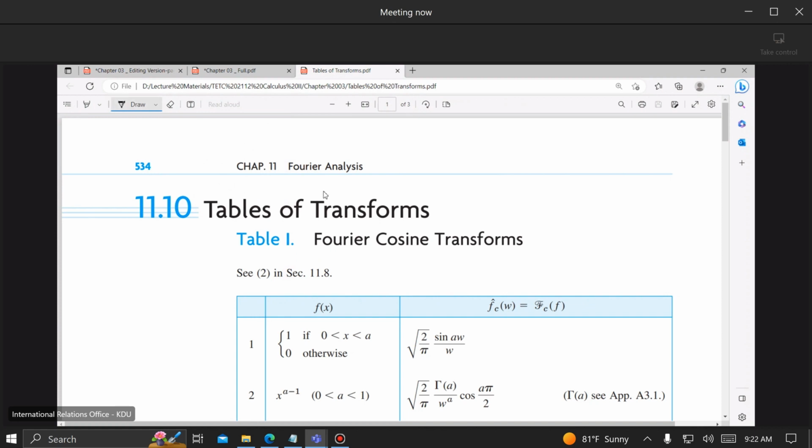The first table is for Fourier cosine transform, and the second one is for Fourier sine transform, and the third one is for Fourier transform. So the first thing that you have to do is you have to be careful to choose the suitable table for the respective question.